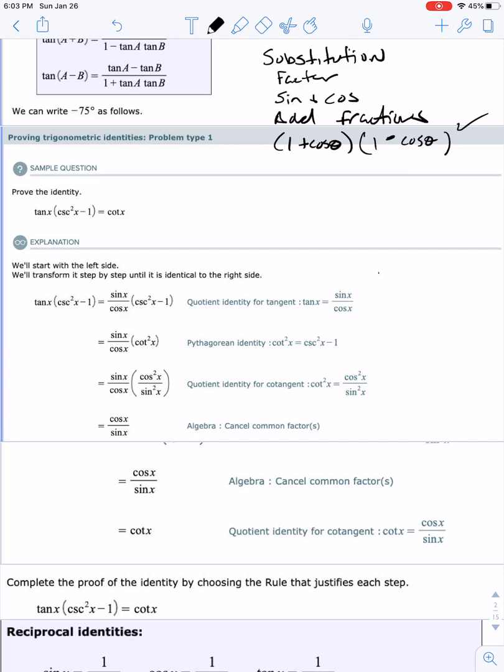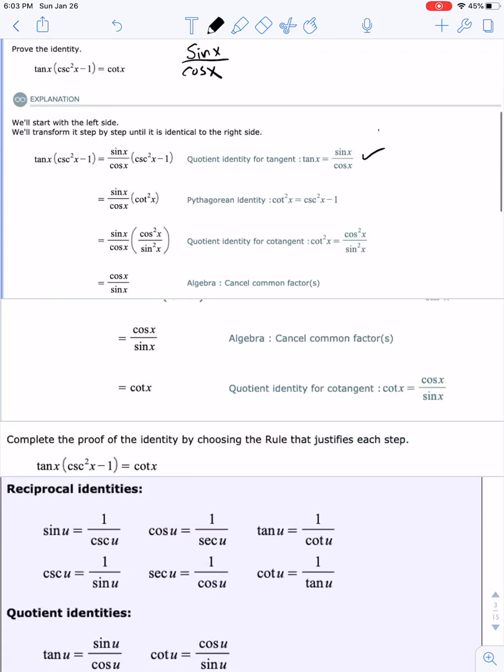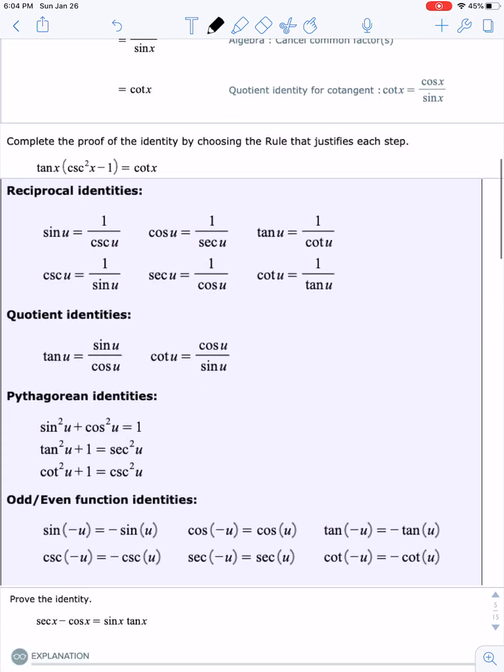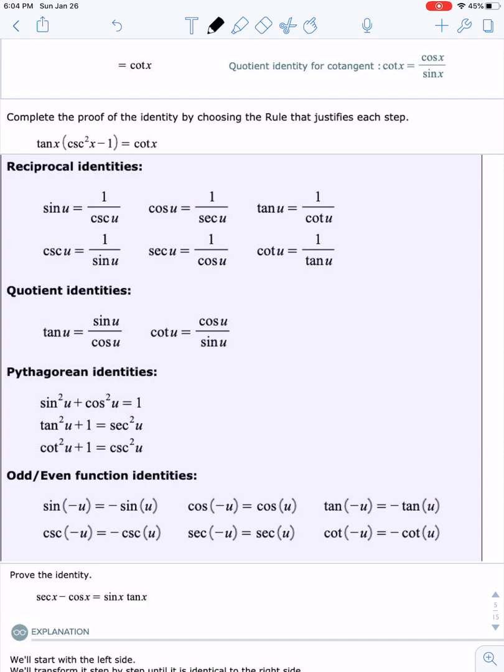They went ahead and substituted tangent with sine over cosine. So tangent is sine x over cosine x, and that is your quotient identity for tangent. And cosecant squared x minus 1. Let's look at our Pythagorean identity. This is the one that has a cosecant squared in it.